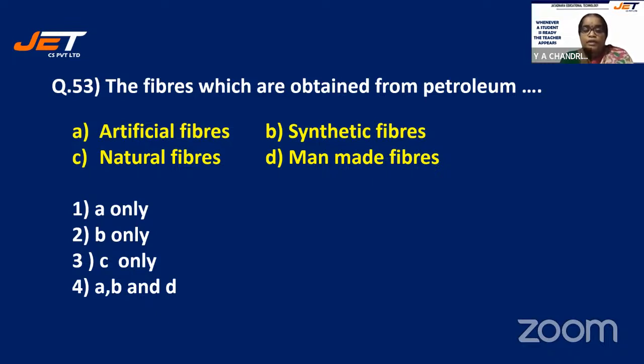Option A only, B only, C only, or A, B and D. C has no chance because we saw in the previous question that plant and animal sources give natural fibers. Let us see. It is option 4, that is A, B and D. Artificial, synthetic and man-made fibers are obtained from petroleum.